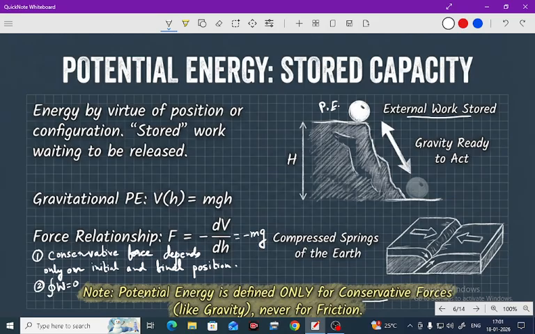Number three, as I told you, a conservative force is independent of path. These are the important characteristics of conservative force.